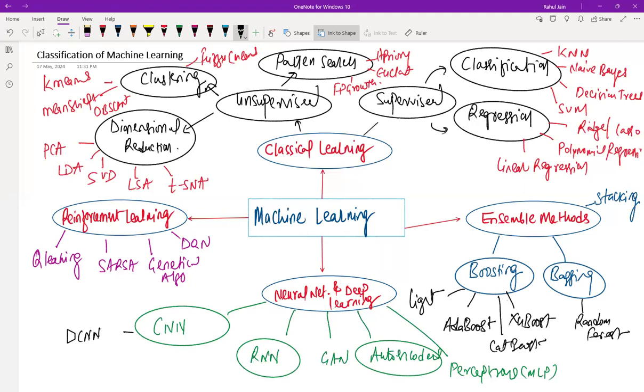In recurrent neural networks, we can further classify into long short-term memory, LSTM, or GRU, that is gated recurrent unit. And under autoencoders, we can put sequence to sequence.